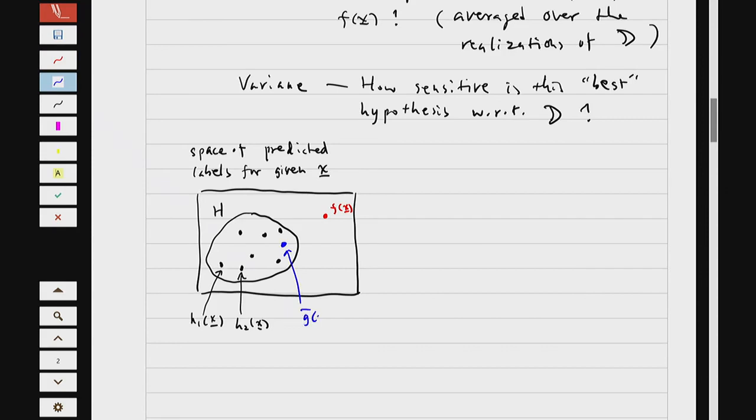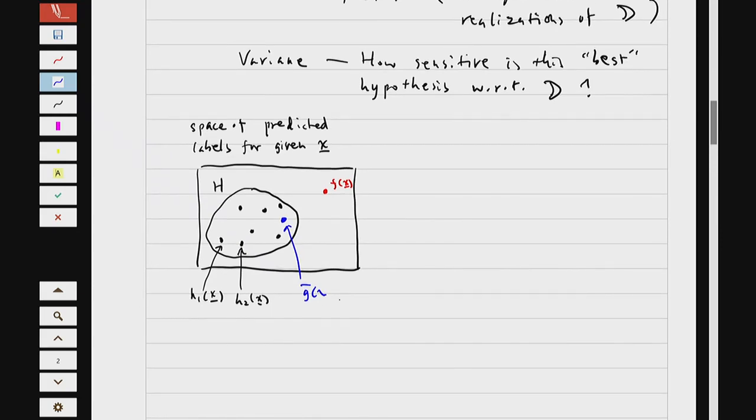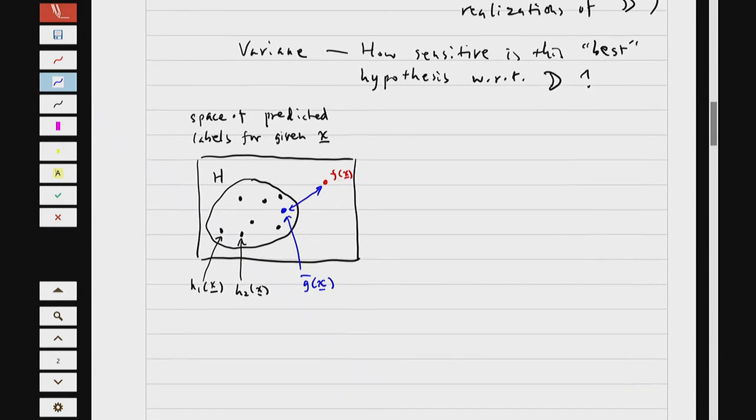Maybe g bar of x is here. It tends to be closer to f than the average of the hypotheses because you're training it. So this will be your bias. By definition, the distance is the bias.